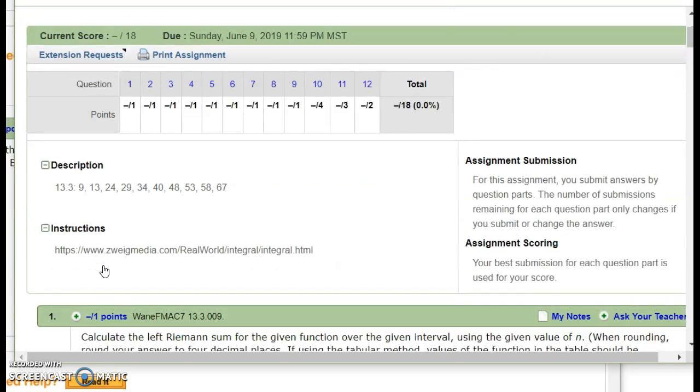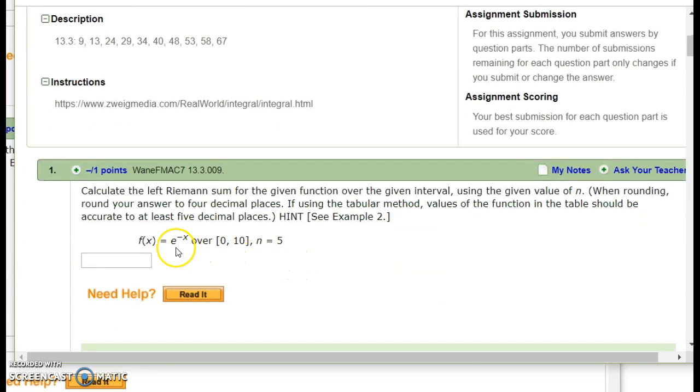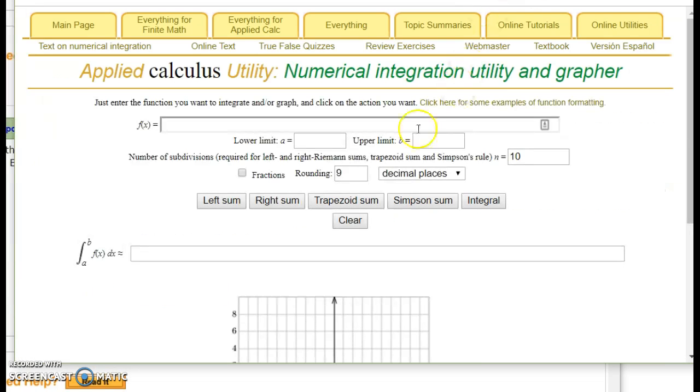Riemann sums. This website right here, Real World Integration Integral, is a very cool one. So let me get one that's kind of similar to that. Here's the website itself.